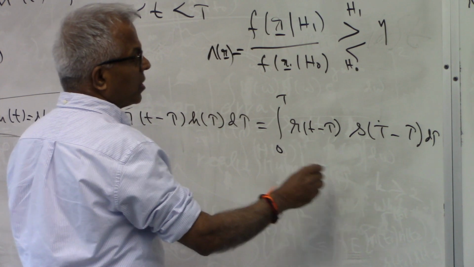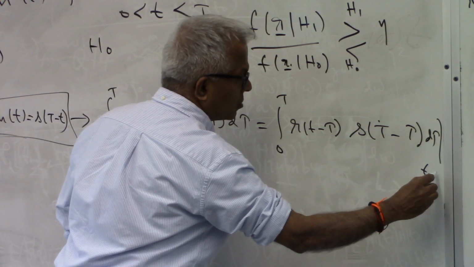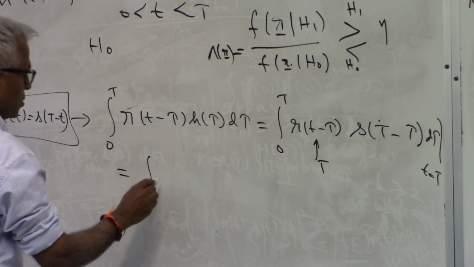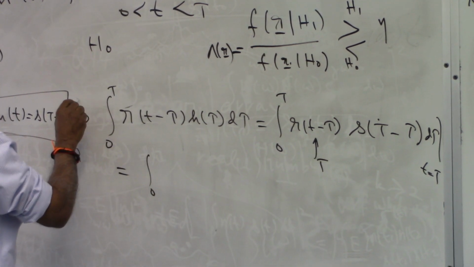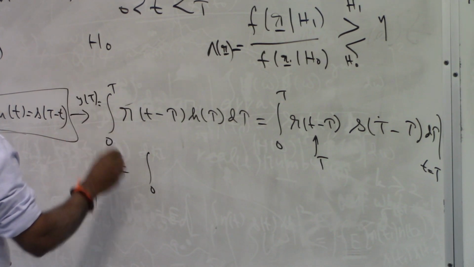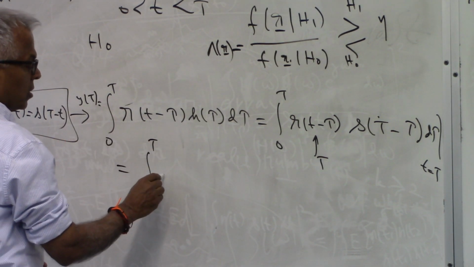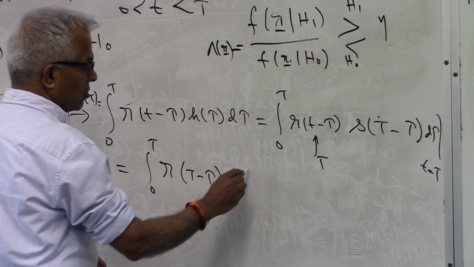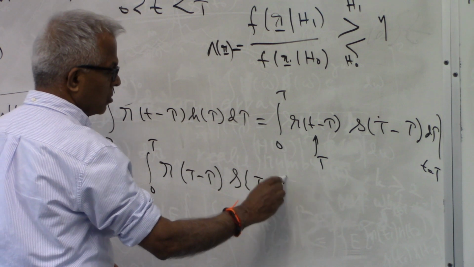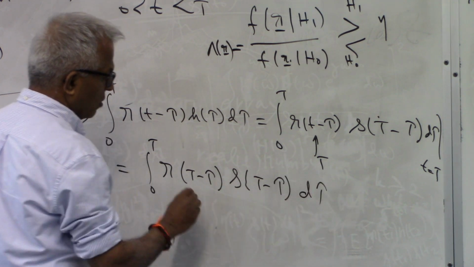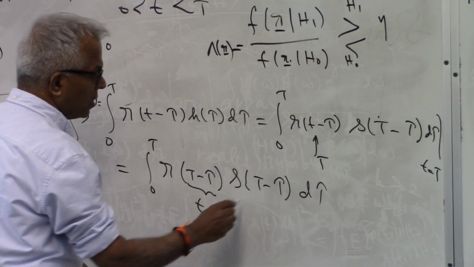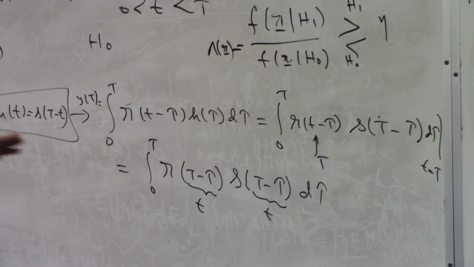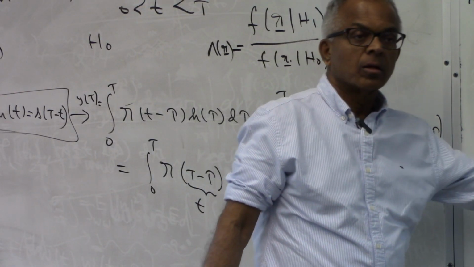Especially now, if you look at this at t equal to T, whatever is the output at T is going to be the integral 0 to T of r of T minus tau s of T minus tau d tau. And if I make this a new variable t, you can see that this is back to this one.